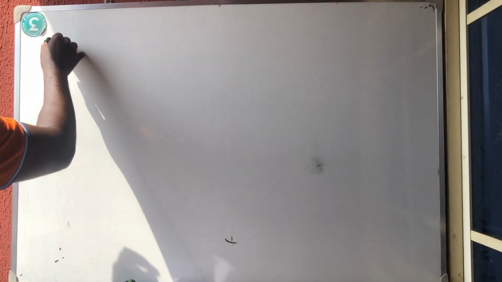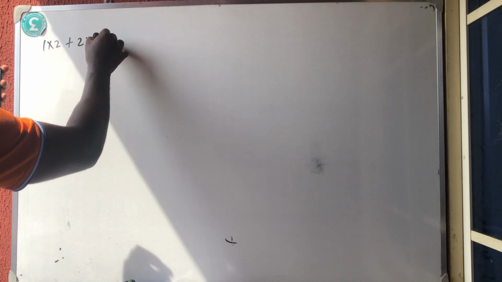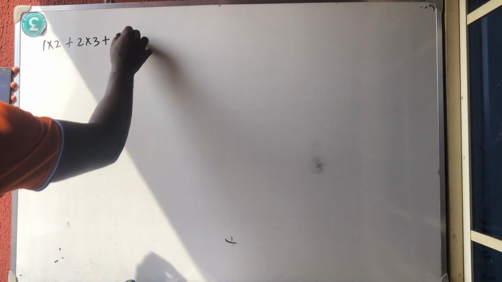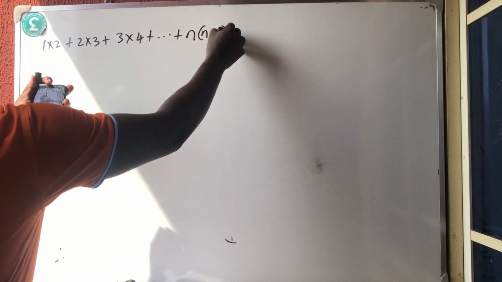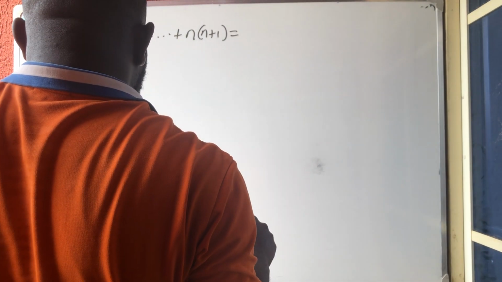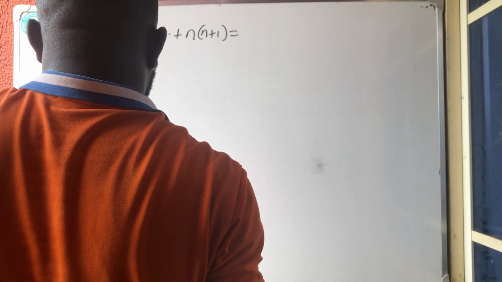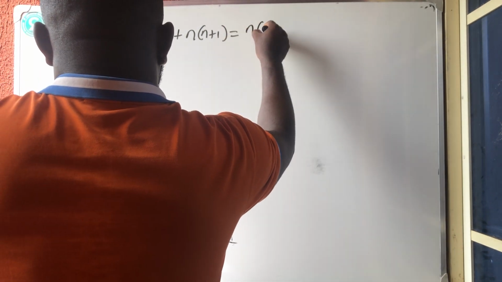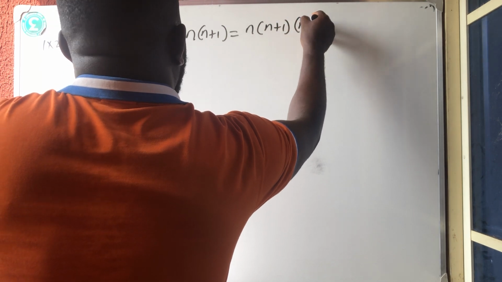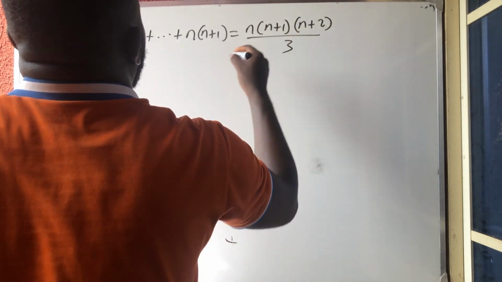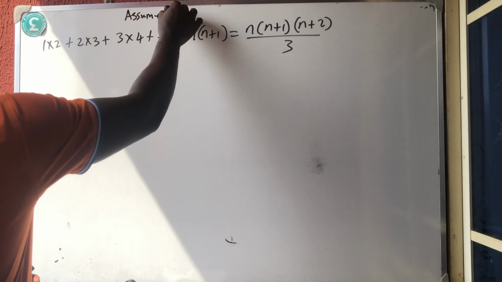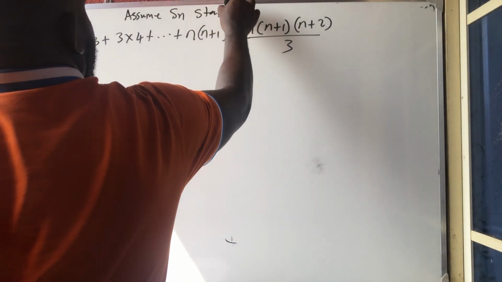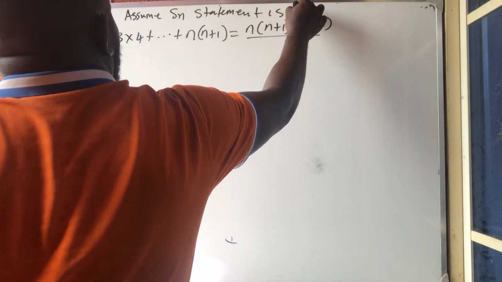So the next question, let's solve that P1. The P said 1 times 2 plus 2 times 3 plus 3 times 4 plus ... plus n into n plus 1 is equal to n into n plus 1 into n plus 2 all over 3. Now the first thing you say is: assume that Sn statement is true.